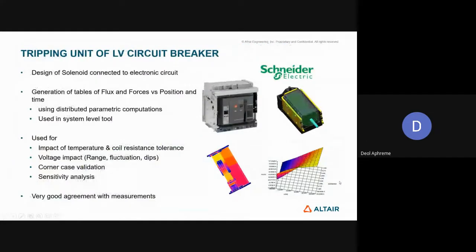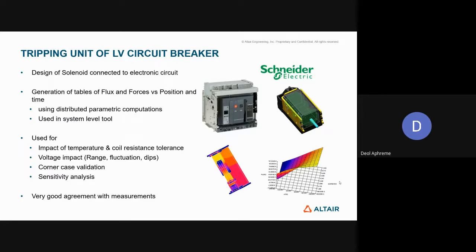There is another tripping unit that they used for simulating and understanding its performance. It was basically a solenoid with a moving part, a bobbin pin, which was controlled by an electronic circuit which monitored some parameters on the grid, or whichever line it was connected to.